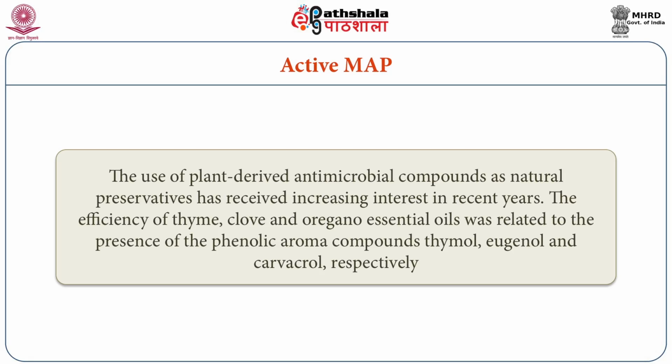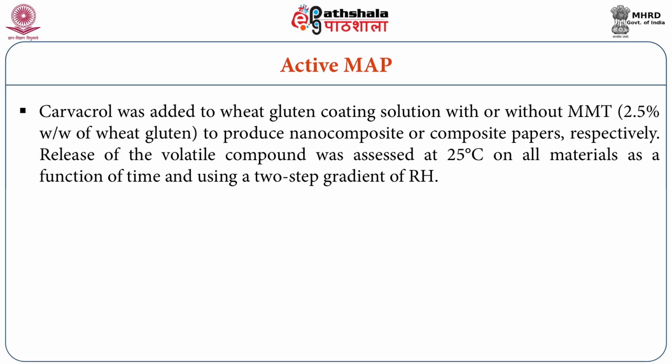carvacrol respectively. Carvacrol was added to wheat gluten coating solution with or without MMT to produce nanocomposite or composite papers respectively. Release of the volatile compound was assessed at 25 degrees Celsius on all materials as a function of time and using a two-step gradient of RH.